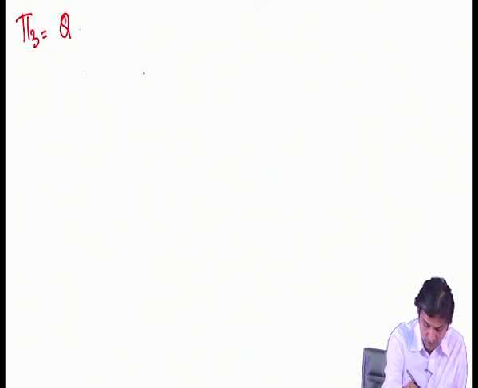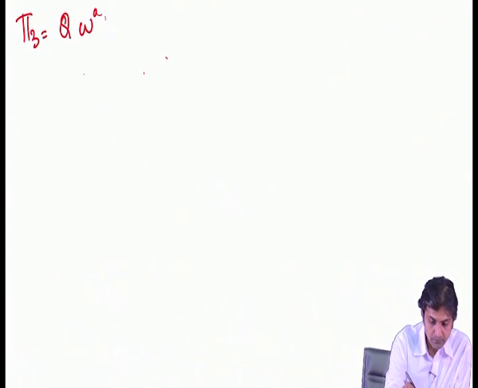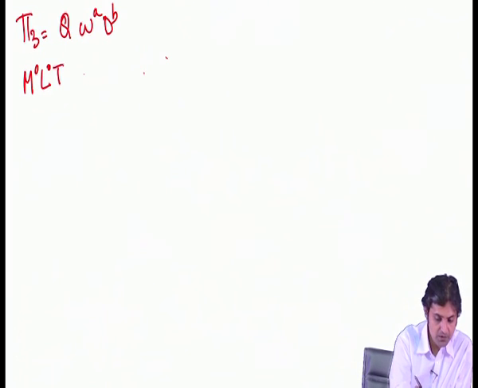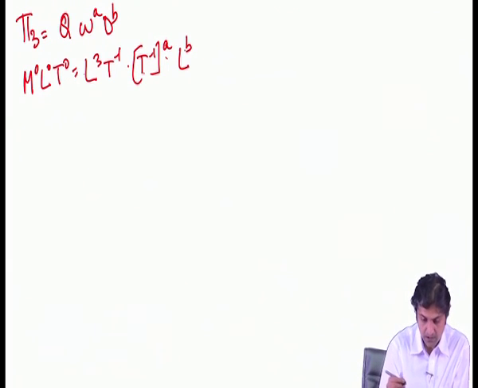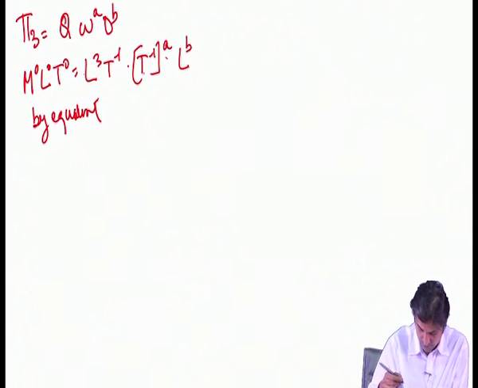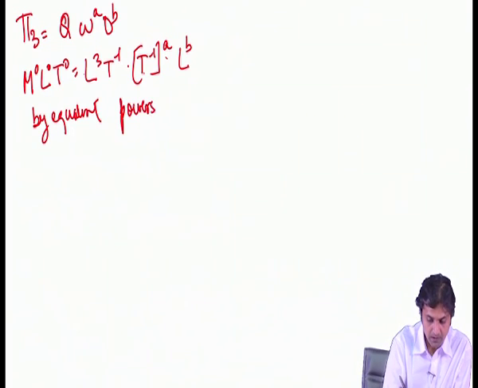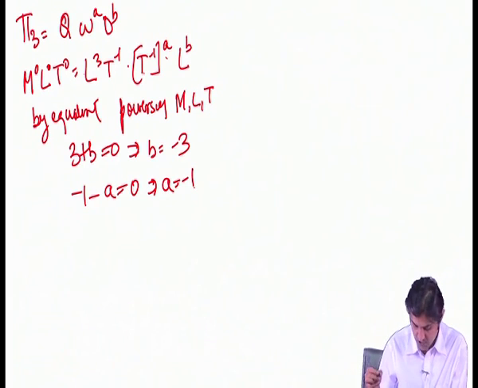So, that is q omega to the power a and d to the power b, or we can write M0 L0 t0 is equal to L3 t minus 1 into t minus 1 to the power a and L to the power b, and by equating powers of M, L and t, we get 3 plus b is equal to 0 implies b is equal to minus 3, minus 1 minus a is equal to 0 implies a is equal to minus 1.